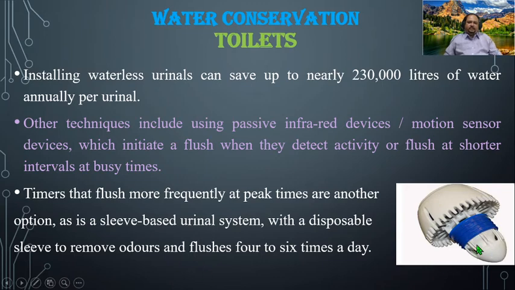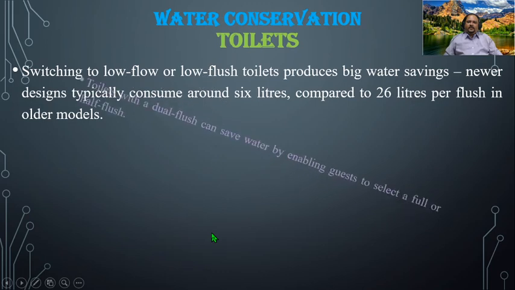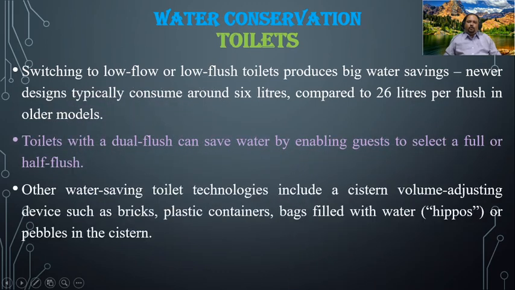This image is of a sleeve based urinal system. Switching to low flow or low flush toilets produces big water savings. Newer designs typically consume around 6 liters compared to 26 liters per flush in older models.